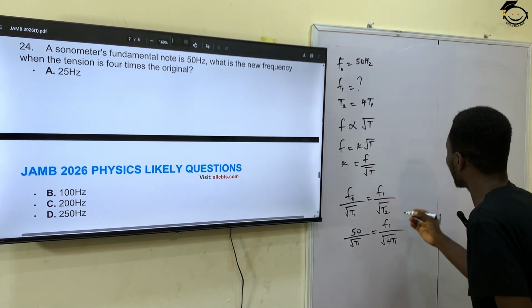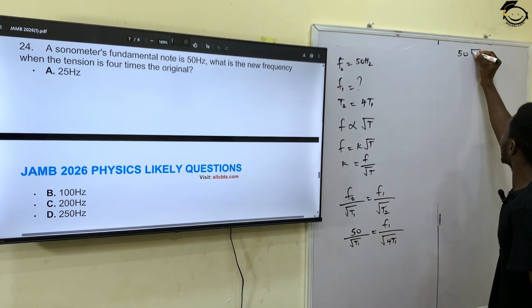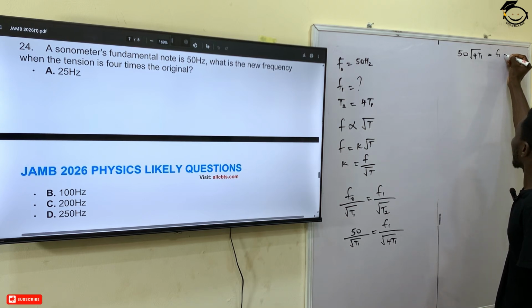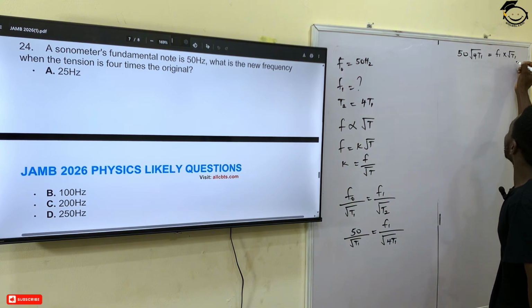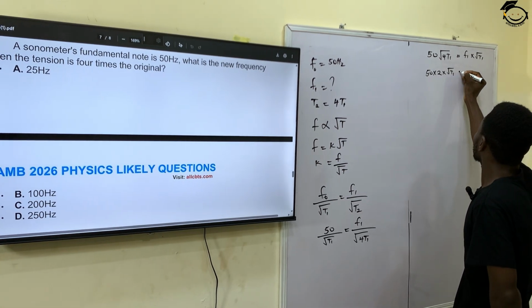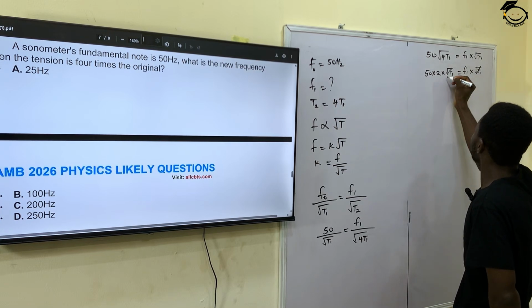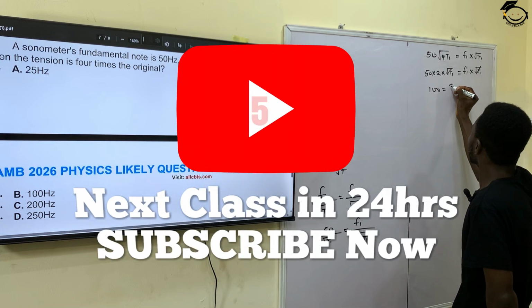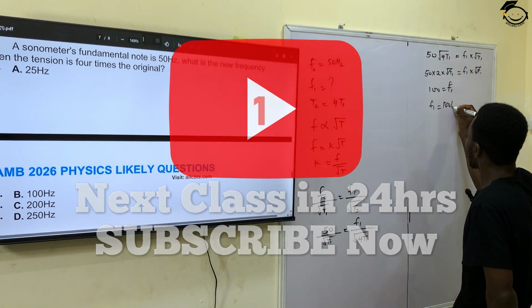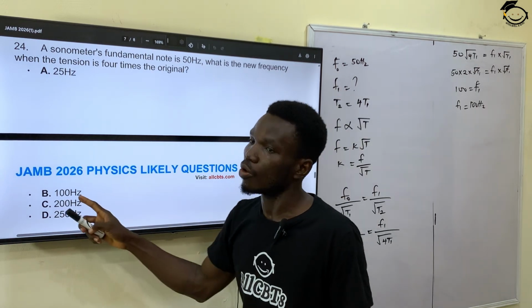If I cross multiply, I have 50 square root of 4T1 is equal to F1 times square root of T1. This gives 50 times 2 times square root of T1 is equal to F1 times square root of T1. So the square roots of T1 cancel, and I have 100 is equal to F1. So it means that F1 is 100 Hz. Looking at our options, that will give us option B, which is 100 Hz.